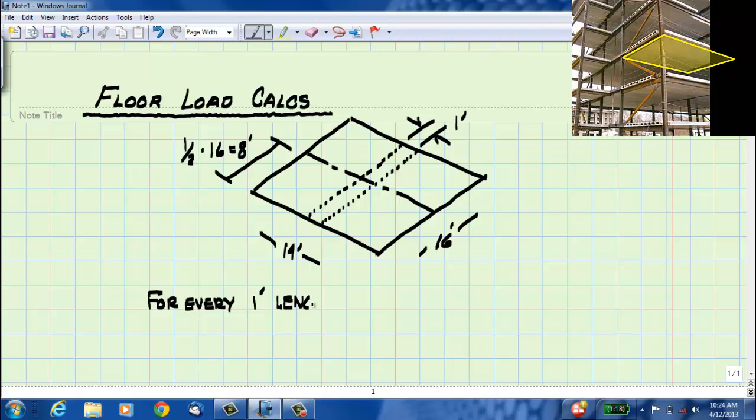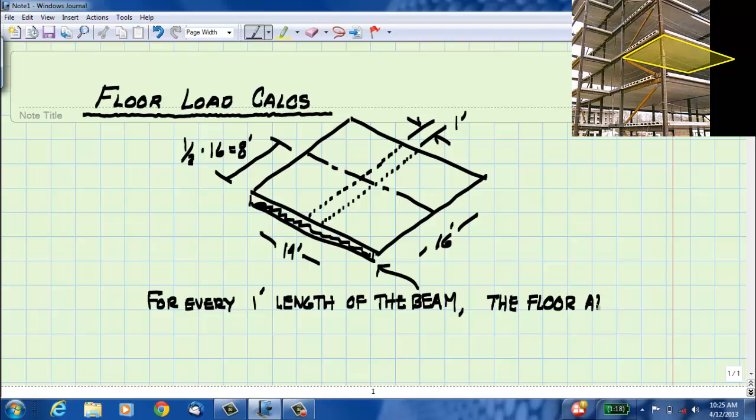Then we want to figure out how much load is on this strip. So for every 1 foot length of the beam, the floor area carried by the beam is going to be 1 foot by 8 foot, or a total of 8 square feet.